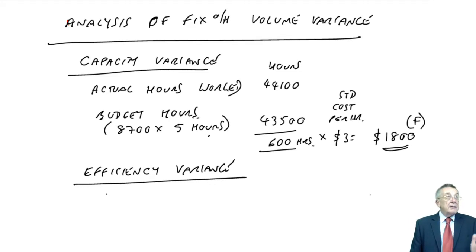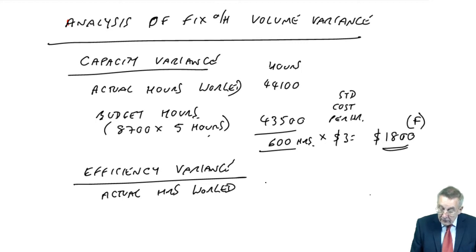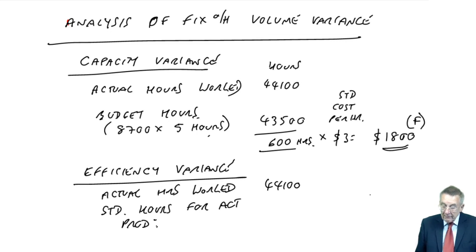Let me write the rule down and then tell you why it's easy to remember. To see whether they're working faster or slower, we take the actual hours worked, 44,100, and we compare it with the standard hours for the actual production. How many hours should they have worked for our production?